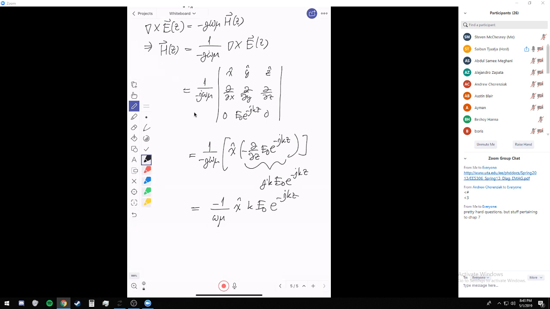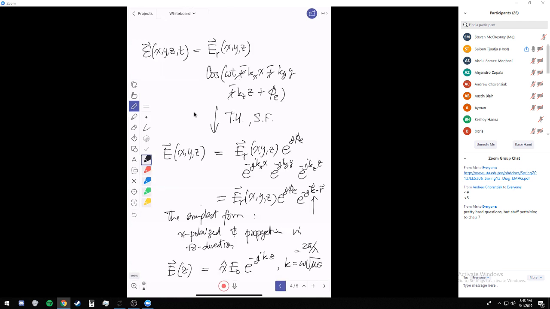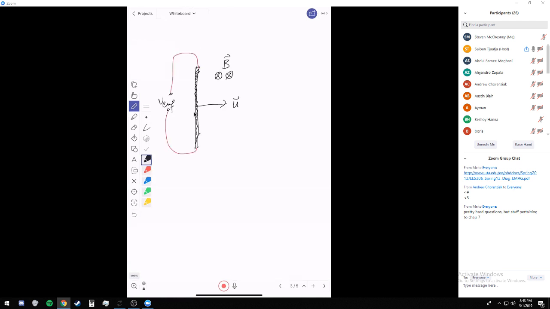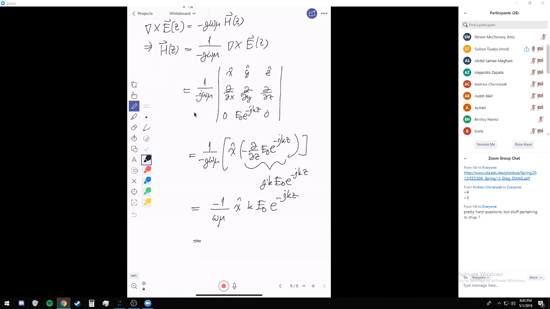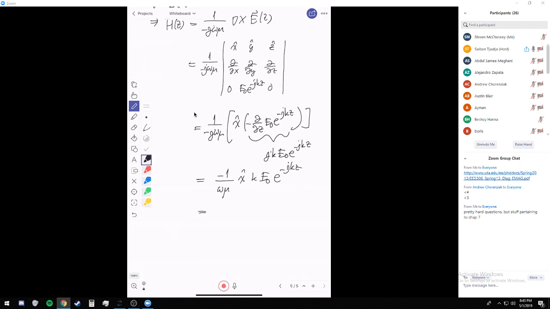Now k over omega mu, what is it? So I have x hat, and it's negative. So negative x hat. k is equal to omega square root of mu epsilon over omega mu.